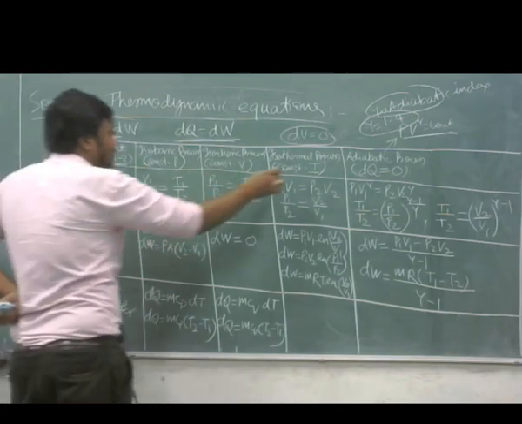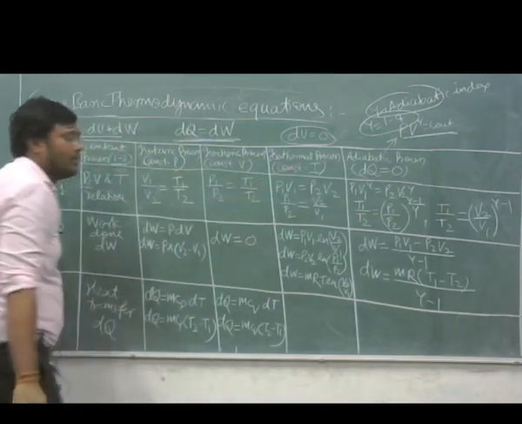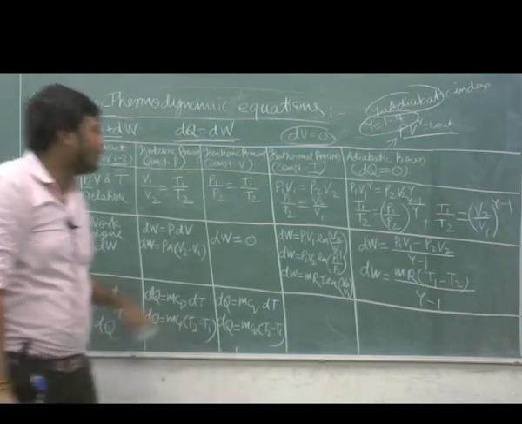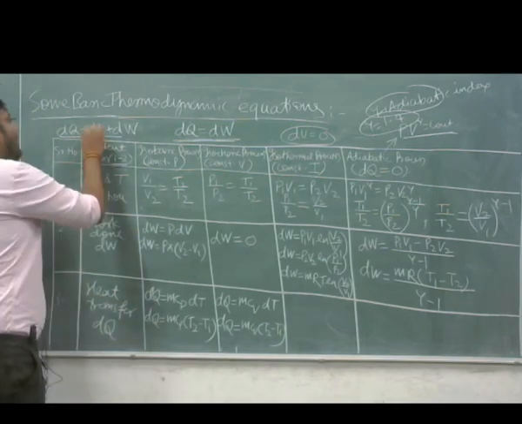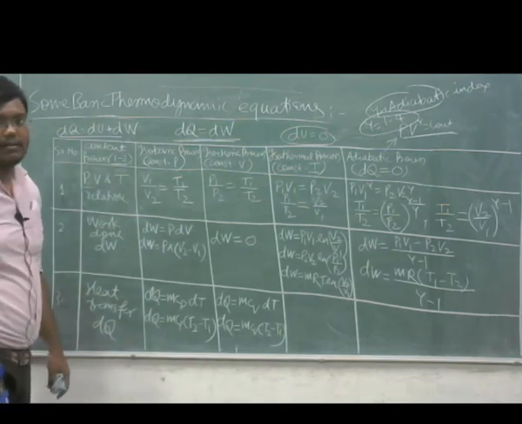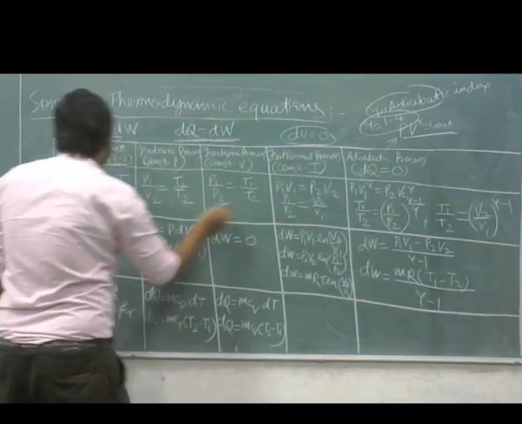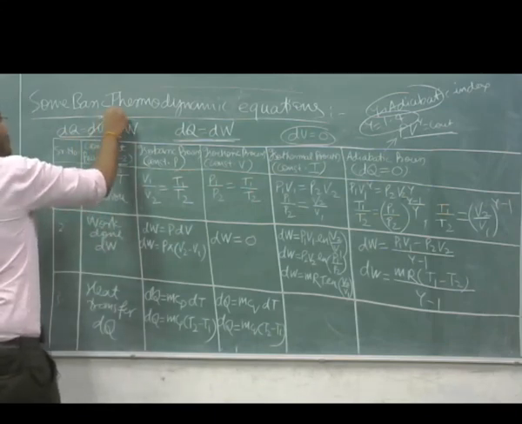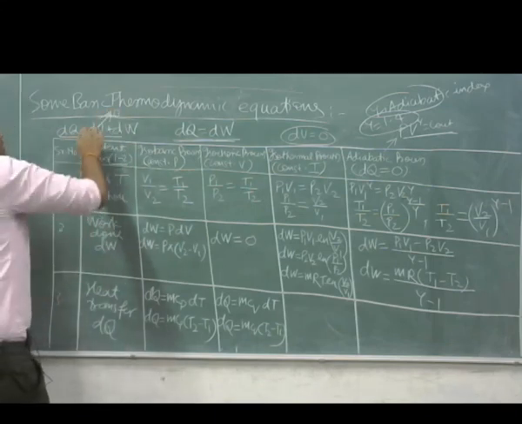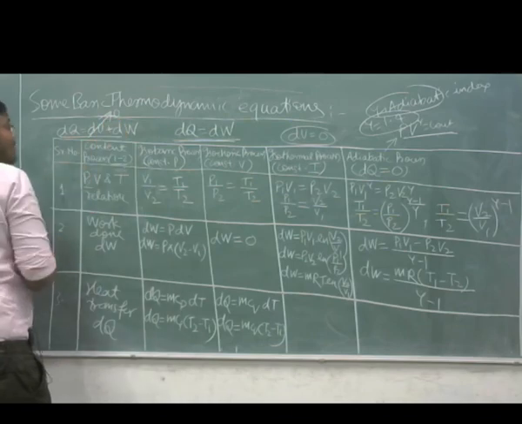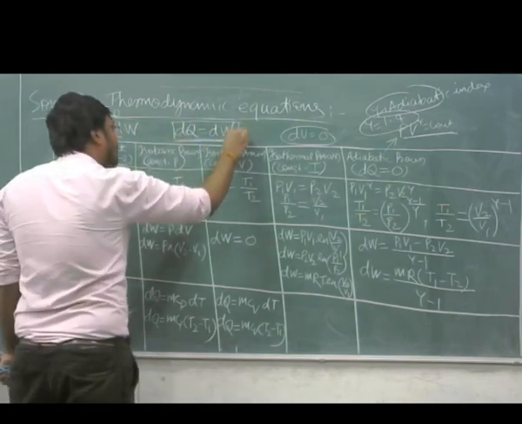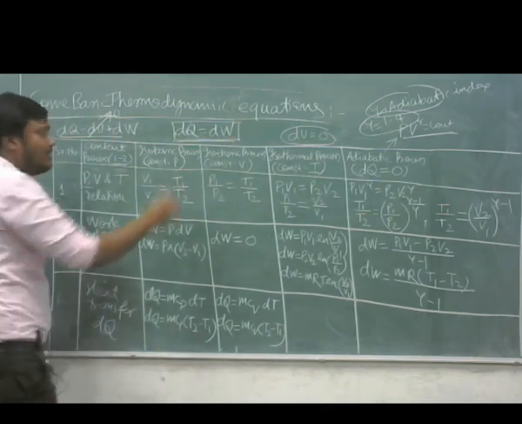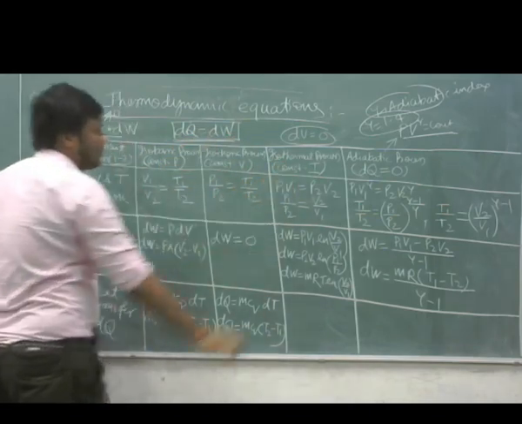In isothermal process temperature is constant and internal energy is a function of temperature only. So when temperature is constant, the change in internal energy becomes zero. When it becomes zero, then dQ should be equal to dW. That's why this is only valid for isothermal process.